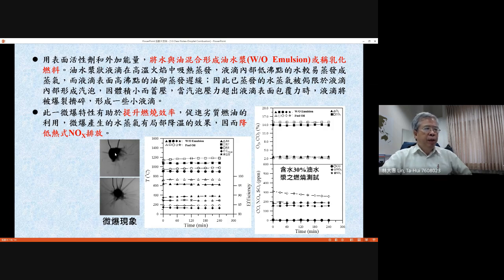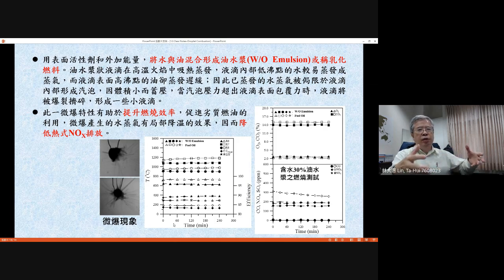Now, based on our understanding of the application of these water oil emulsions, we bring those fuels into our furnace for testing. The first one I want to mention, the figure in the middle, shows we ran the furnace application almost 4 hours continuously after the preheating of the furnace.